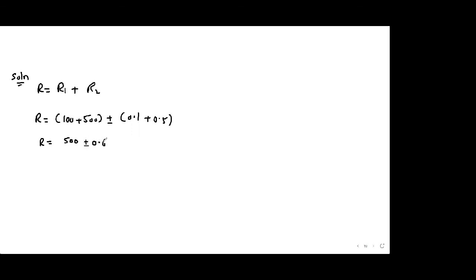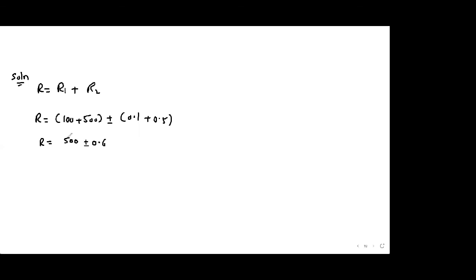If I combine them, your resistance R is the algebraic sum of R1 and R2. So 100 will get added up with 500, and 0.1 will get added up with 0.5. So the resistance is 500 plus minus 0.6 ohm.